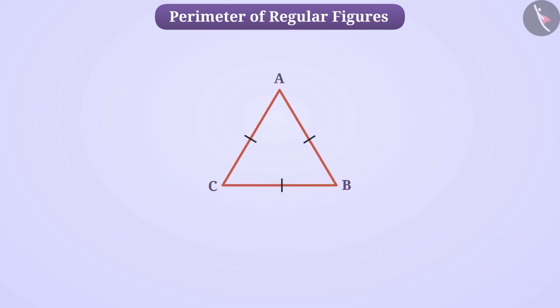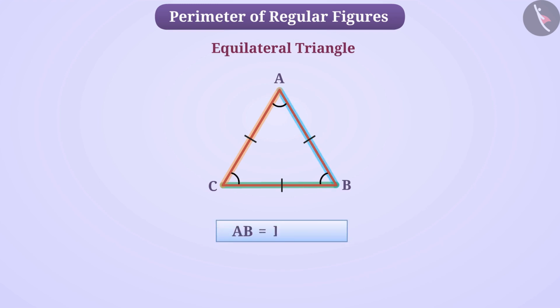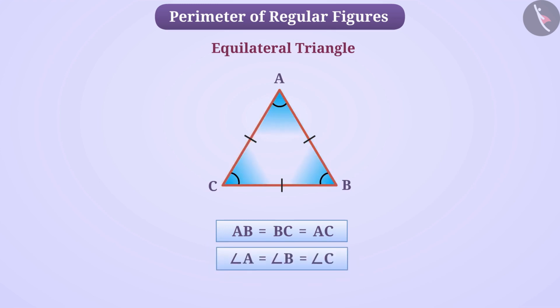Now, look at this equilateral triangle, triangle ABC. In this, all sides and all angles are equal. That is, AB is equal to BC is equal to AC and angle A is equal to angle B is equal to angle C. Let us find its perimeter.